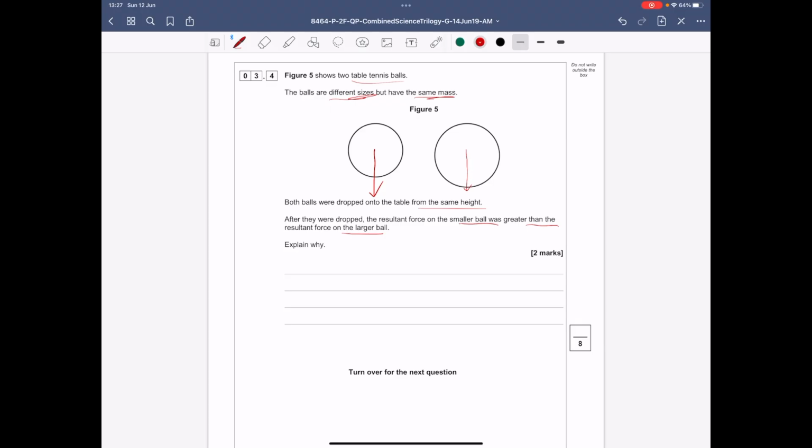Why might that be? Well, the resultant force is the overall force. Now, the gravity would be consistent on the balls. So if gravity is consistent, what other force is therefore different? Well, it would be the air resistance. So the air resistance is different.